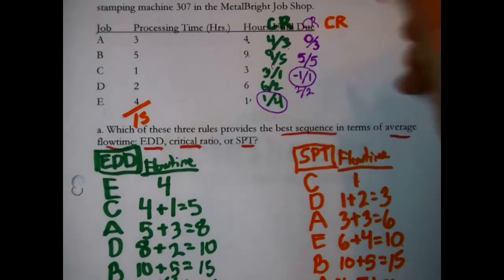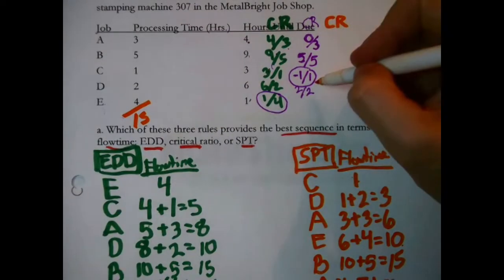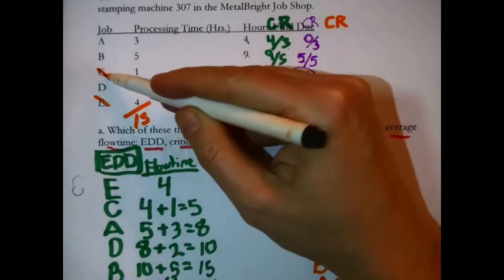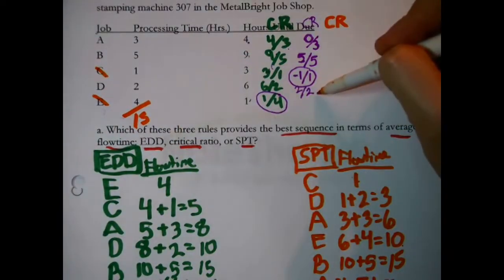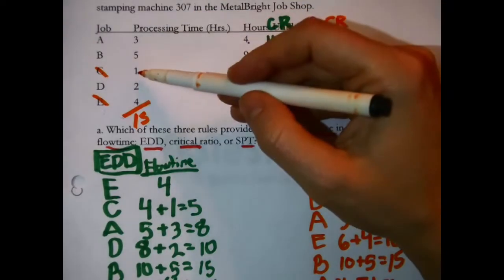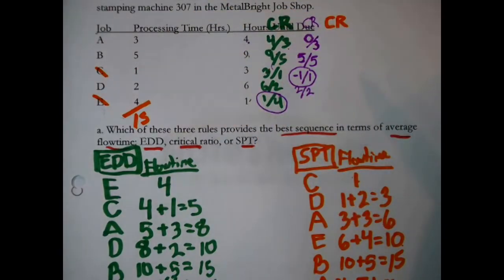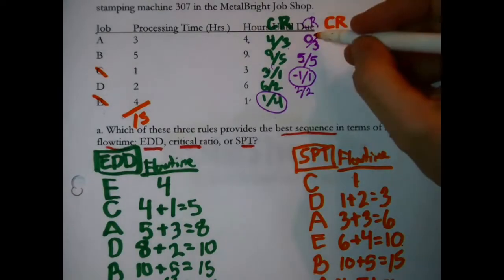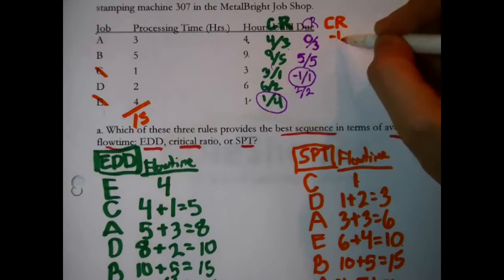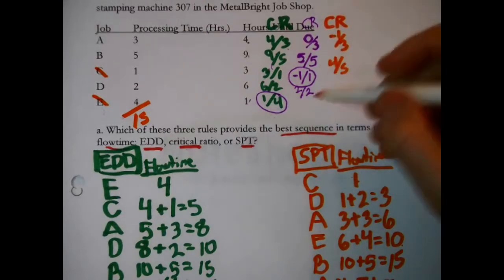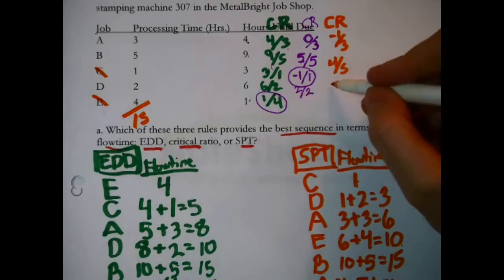Critical ratio again. Now we have scheduled C. We've done E, we've done C. We need to update these other three based on the fact that now it's 1 hour even later. It's 1 hour even later because now we're doing C, which means I subtract 1 hour, negative 1/3, 4/5, and then down here, 1/2.